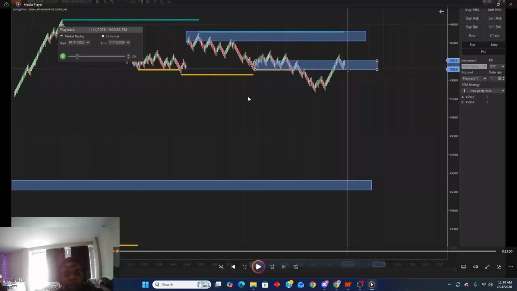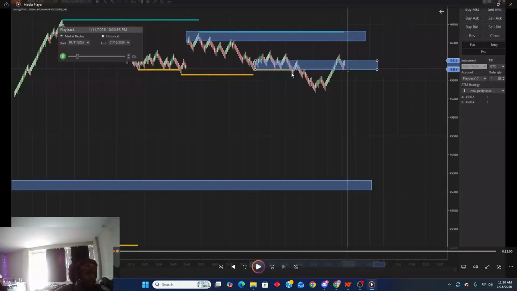Now, here is the part that I'm trying to fine tune. When it comes to Renkos, a lot of times I will mess up my bias by telling myself, oh, we got back up here. This is market structure shift. You feel me?